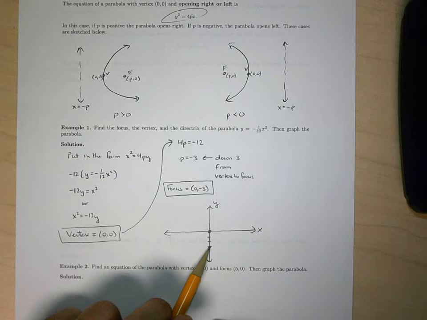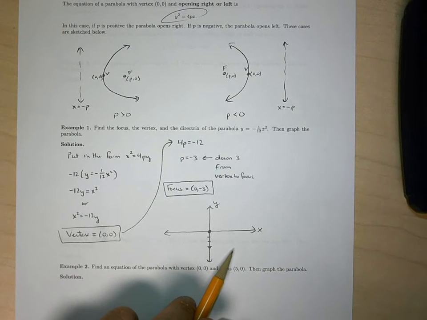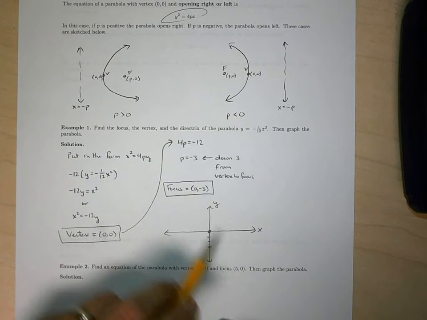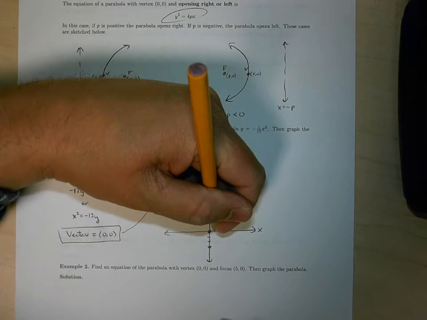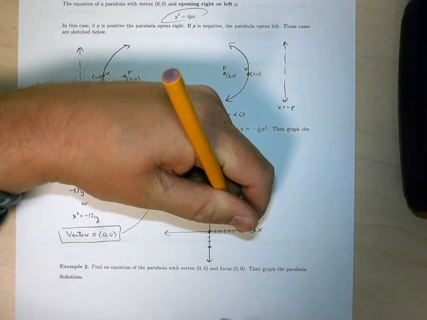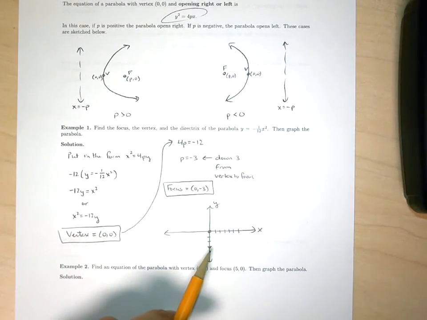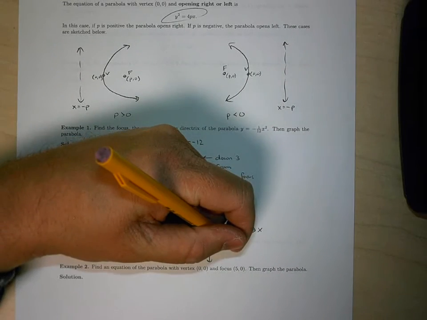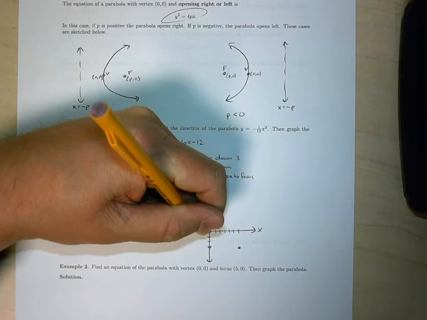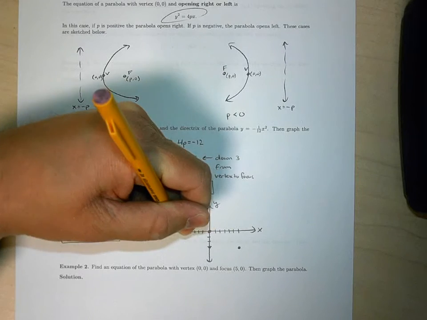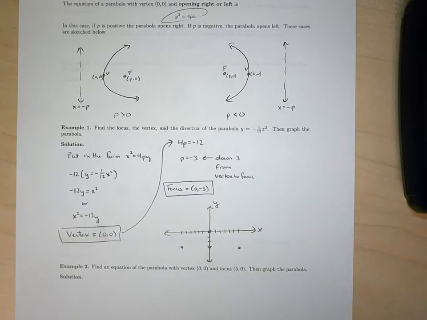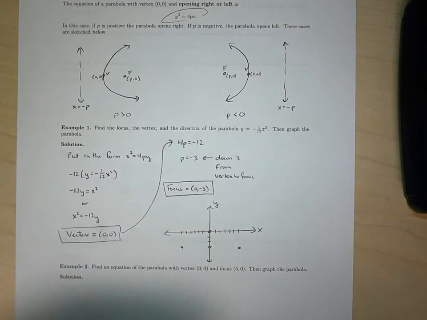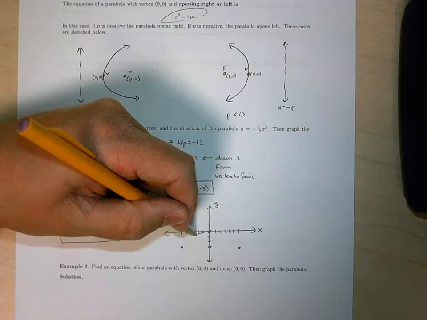If I go left by 6 from the focus and right by 6, I'll create an axis that's a total length of 12. So I'll get level with the focus and go right by half of 12, then go left by half of 12. This gives me a total axis length of 12, and these points are on the parabola.